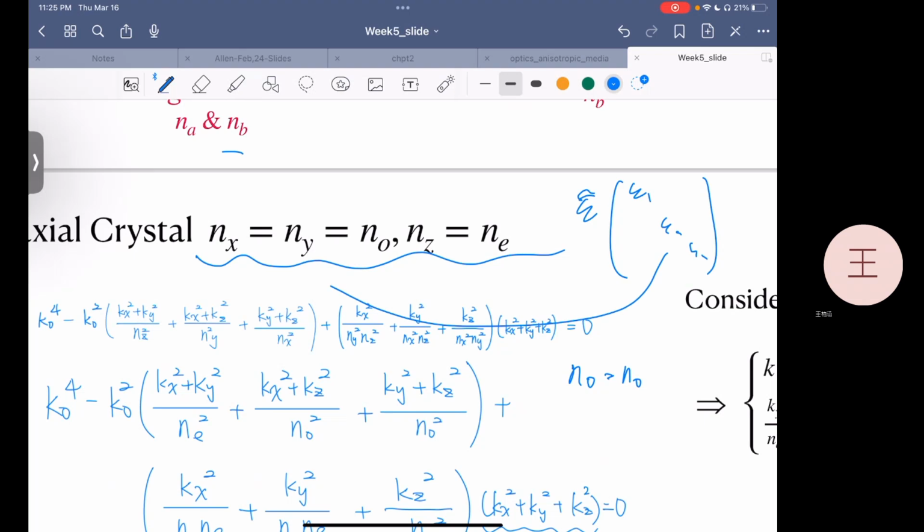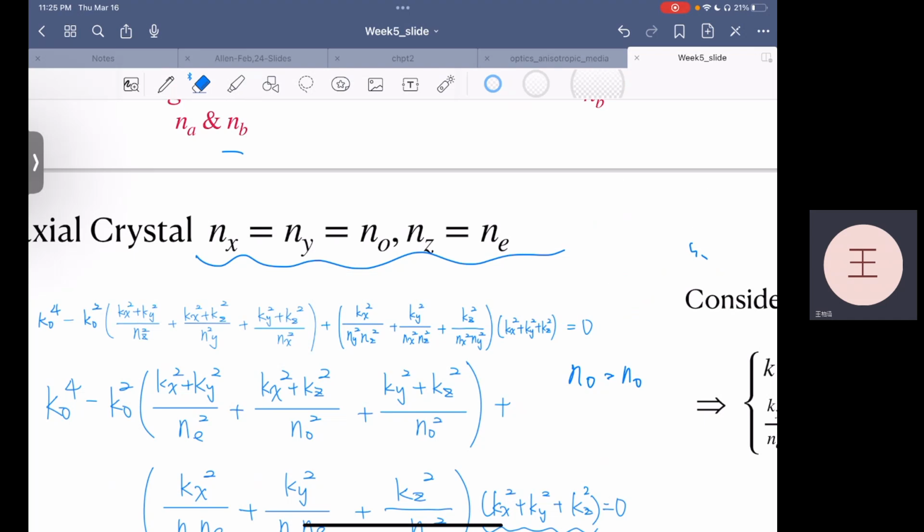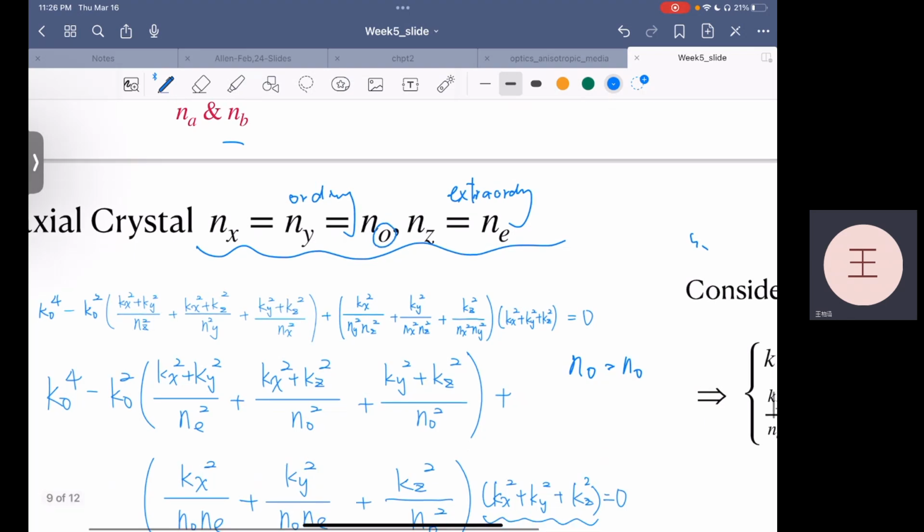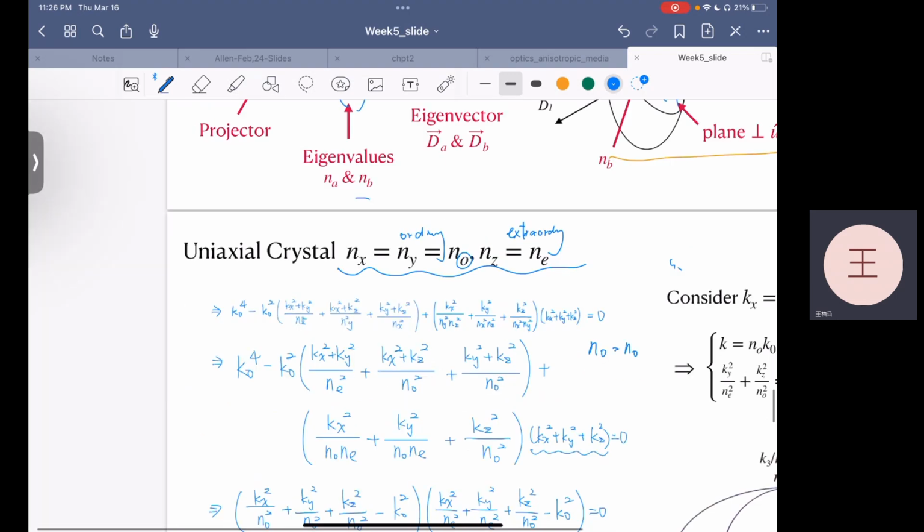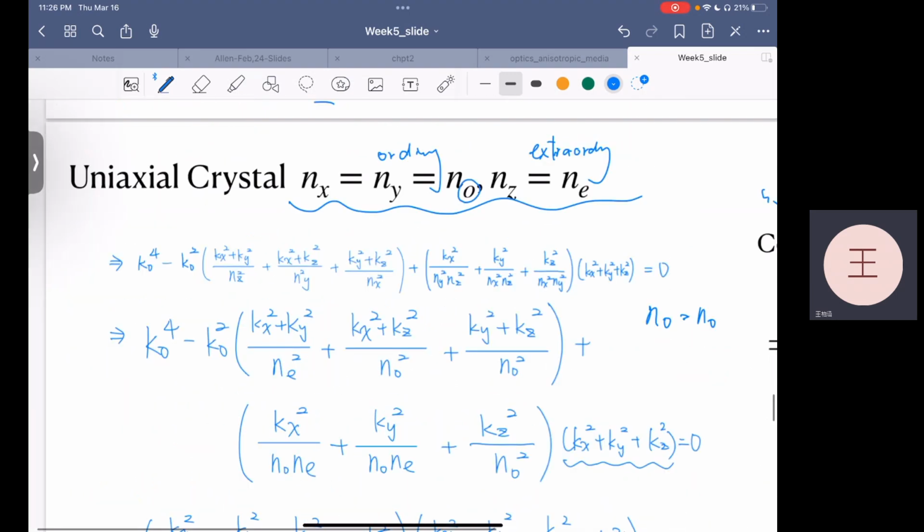And then this would result in 3 refractive indices. The uniaxial case is just that 2 of them are the same and 1 of them is different from the others. So the 2 that remain the same are kind of ordinary because the majority of them are the same. And the one that's left different is extraordinary. It's so special. So the subscript here stands for O instead of 0. Please take that into deep consideration.